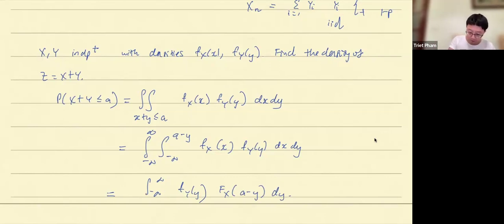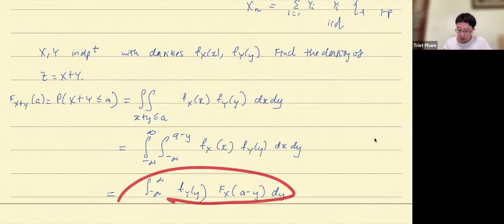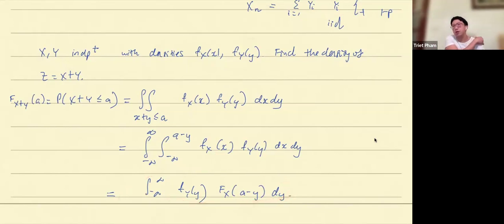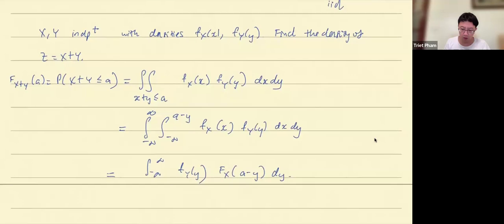This is not the joint CDF, this is the CDF of x plus y. And what do you know? If you're in engineering and you take a course like 421 or whatever, you recognize this is a convolution of two functions, this and that.